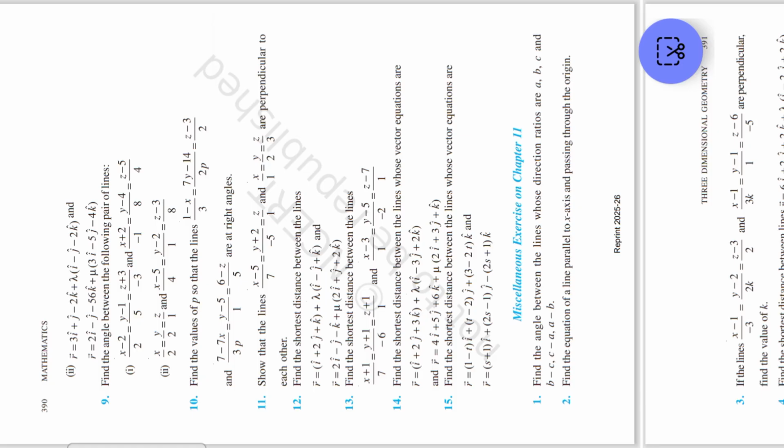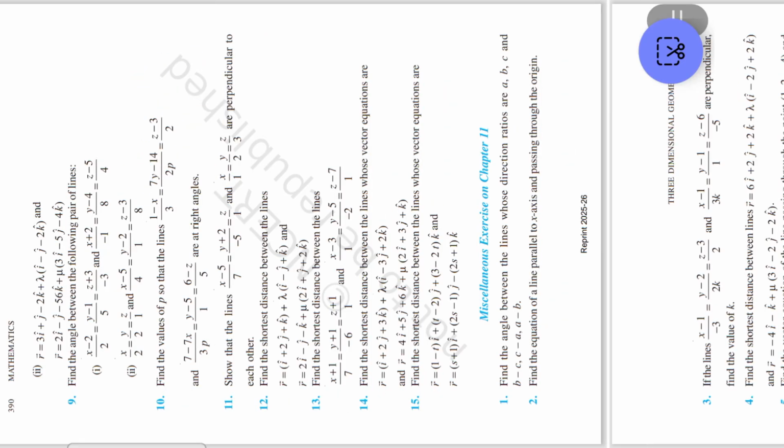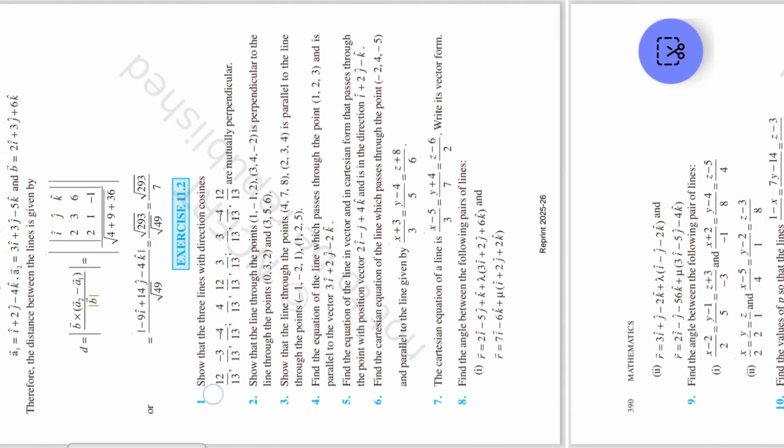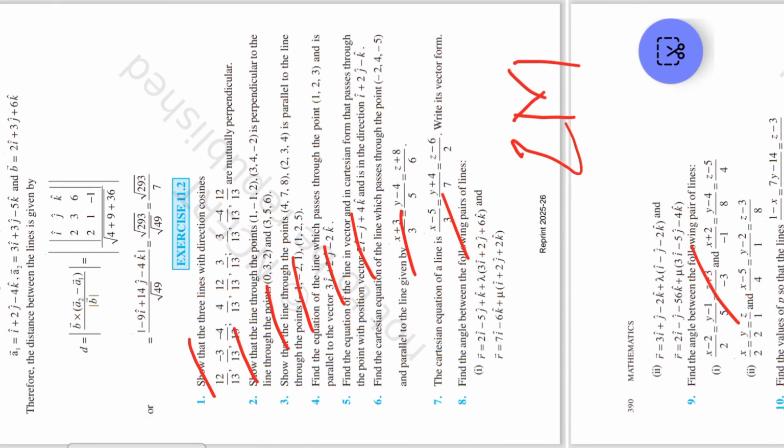Questions 10, 11, 12, 13, 14, 15 are important for 3 marks questions. For 2 marks questions in exercise 11.2, questions 1, 2, 3, 4, 5, 6, 7, 8 up to the 9th are important.